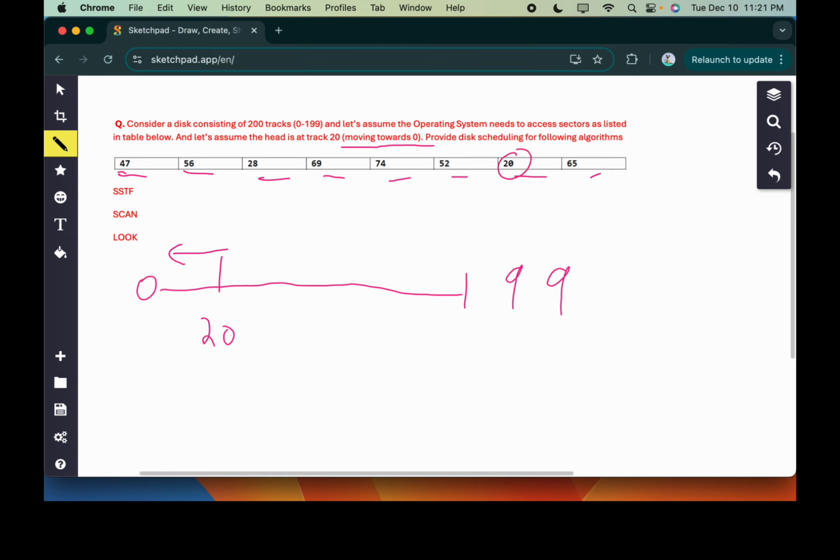first of all, look at that, we're already at 20. So 20 minus 20 is 0. The next closest would be 28, so this would be 8.